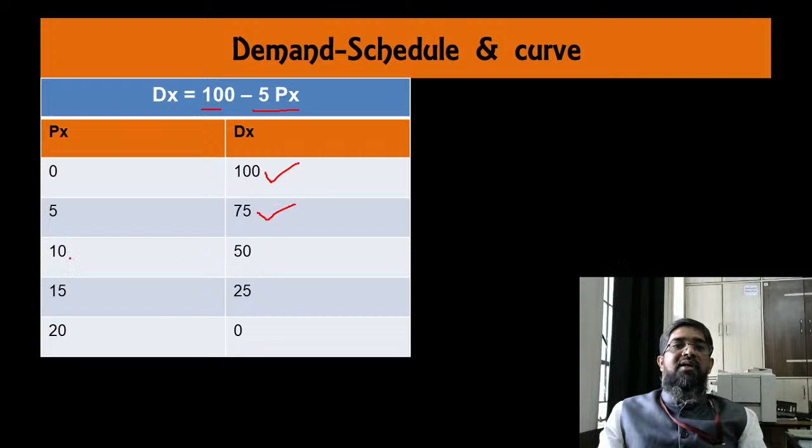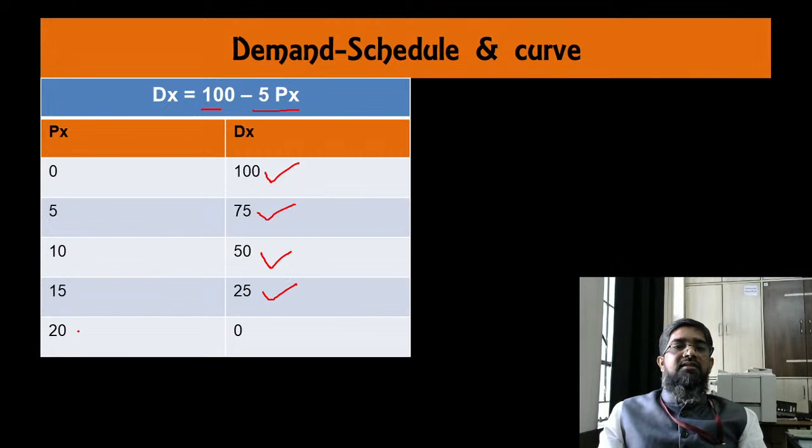Similarly, if price increases from 5 to 10, put the value as 10 here, so this becomes 50 and your demand would be 50. And if the price increases further from 10 to 15, 15 fives are 75, so 100 minus 75, demand for this x commodity will be 25.